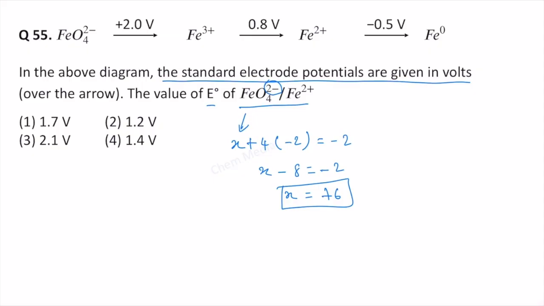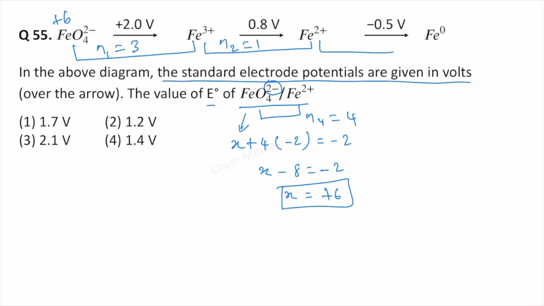This means this is undergoing reduction, isn't it? This process requires how many moles of electrons? We require 4 moles of electrons. So, here it is plus 6. If plus 6 is becoming plus 3, that requires 3 moles of electrons. If Fe3+ becoming Fe2+, that requires 1 mole of electron.